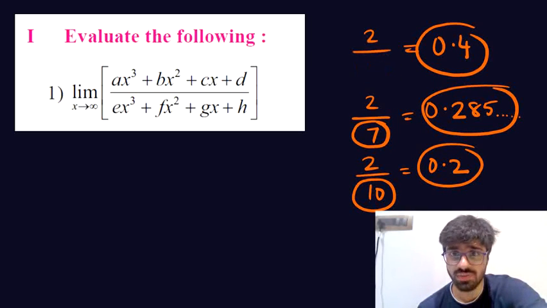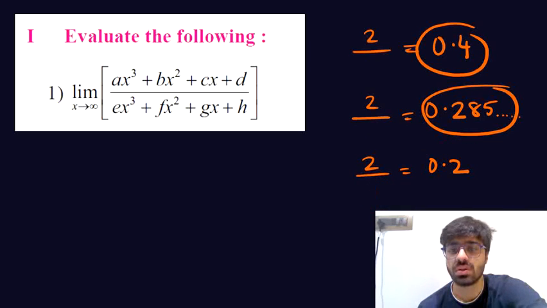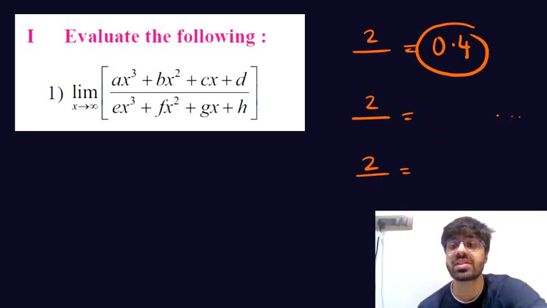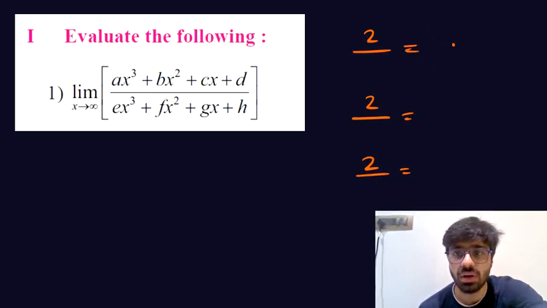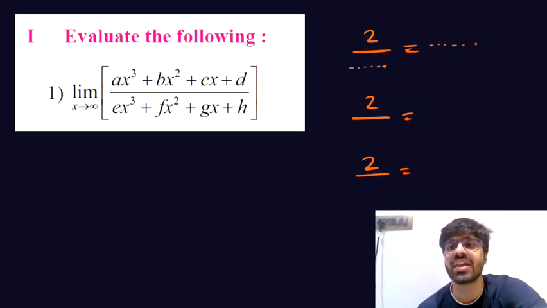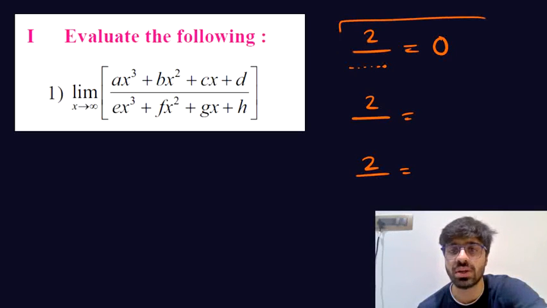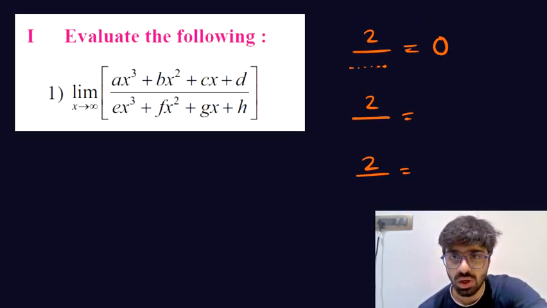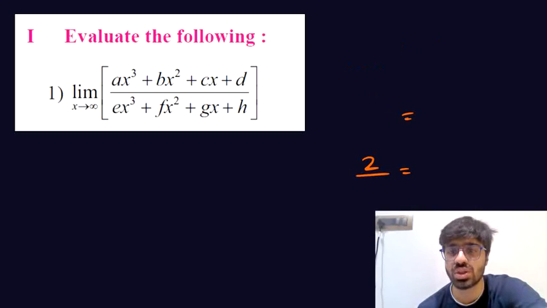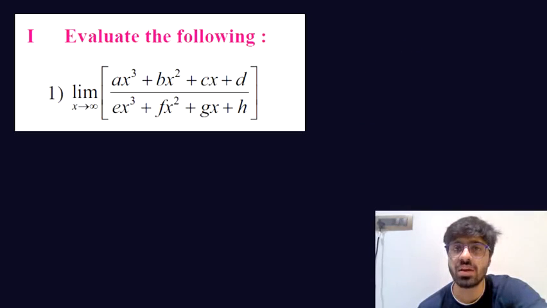So if the denominator becomes very large, then the value will decrease to a very small number. If the denominator is very large, I can say that the value will be very small, and a small value means it will be approximately equal to 0. So a finite value upon a very large number will approximately be equal to 0.